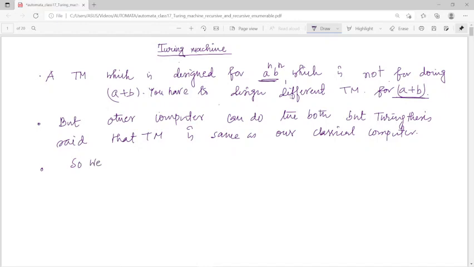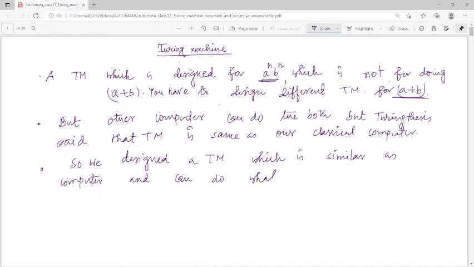So we design a Turing machine which is similar to a computer, and can do whatever a computer can do.